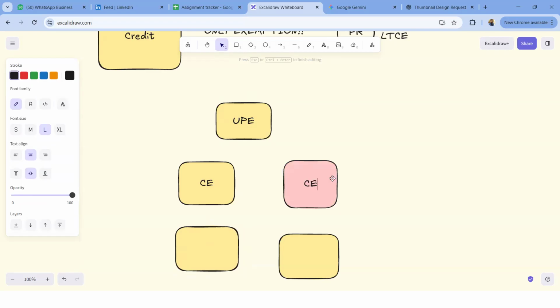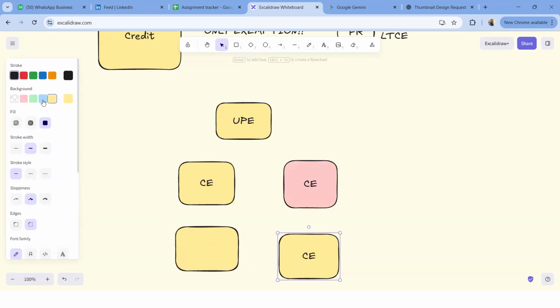This is also a constituent entity in another jurisdiction. Each color represents a different jurisdiction. Let's say these two are in the same jurisdiction.